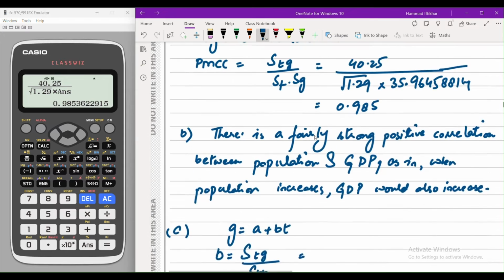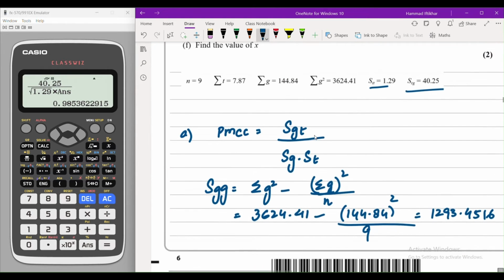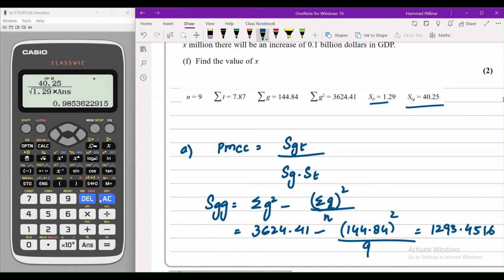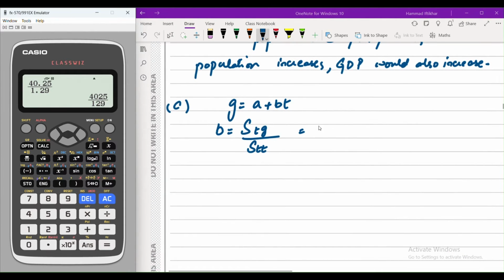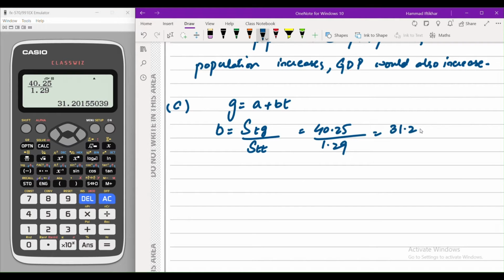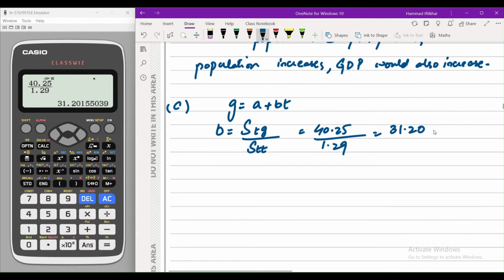STG we actually had over here, 40.25, divided by STT, which is 1.29. That gives 31.20. Okay, that is our B.